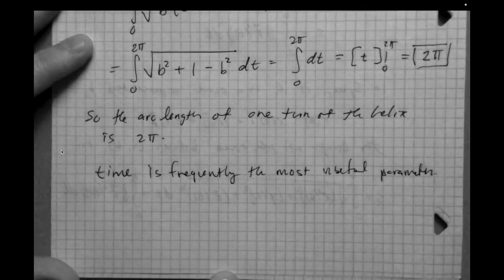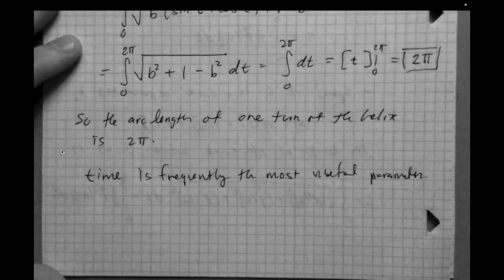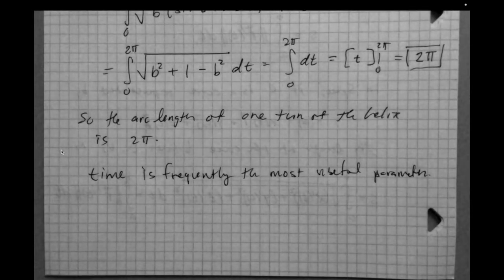We've seen, like in the example of velocity and acceleration, time was the obvious choice there, right? But just in general, when we're talking about motion along a curve, the parameter t for time is a fine choice, right?